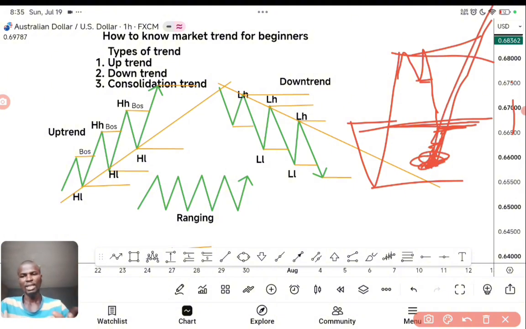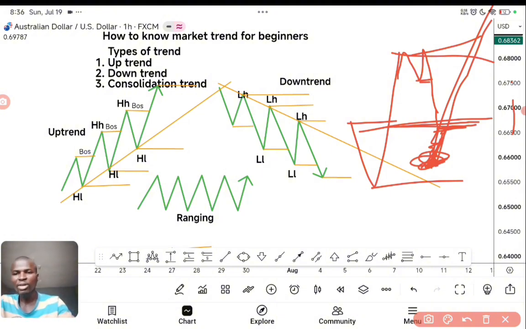So that's it. But to get the main structure, because structure can be confusing, there is major structure, there is substructure, there is minor structure. Sometimes you might be trading minor structure or substructure, thinking you are trading the right trend, so you just get trapped out.